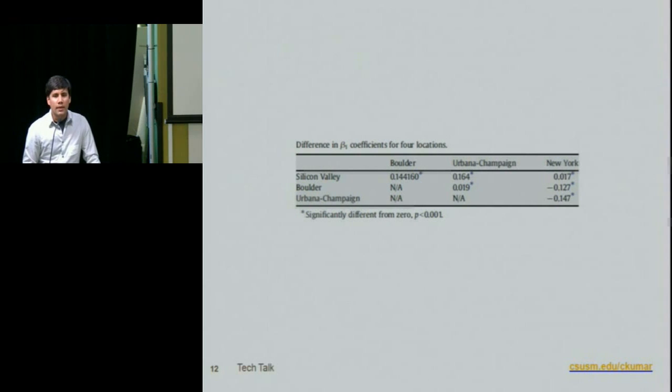In order to do that, we employed a little trick. If you notice, we have 4 locations, which means there are 4 C2 possible combinations, that is 6 possible location pairs. So we calculated the difference in beta 1 coefficients for each of those 6 pairs.